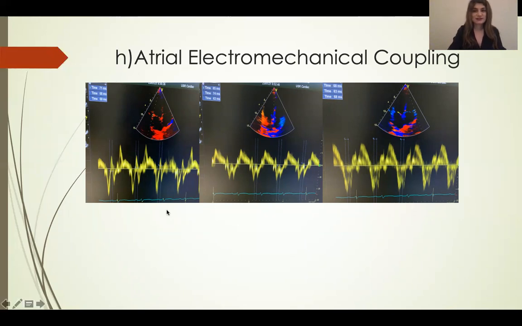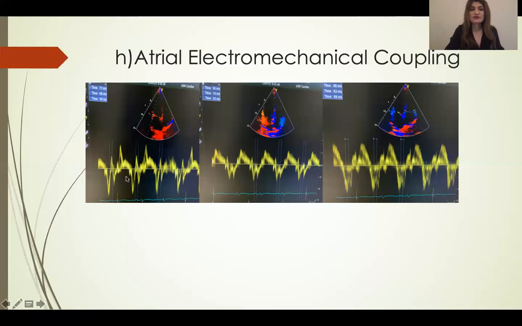There are many studies in the literature that show delayed atrial conduction abnormalities in juvenile rheumatoid arthritis, stroke patients, and diabetes. How to measure: we should measure from the lateral mitral annulus, medial mitral annulus, and tricuspid annulus.